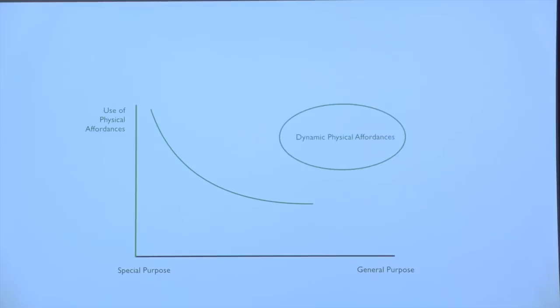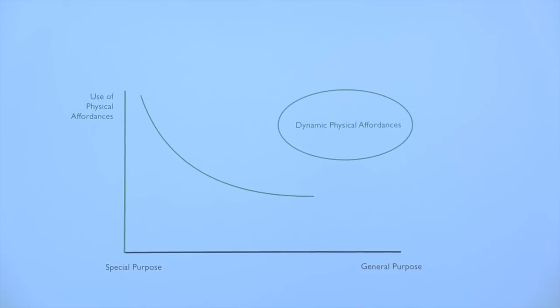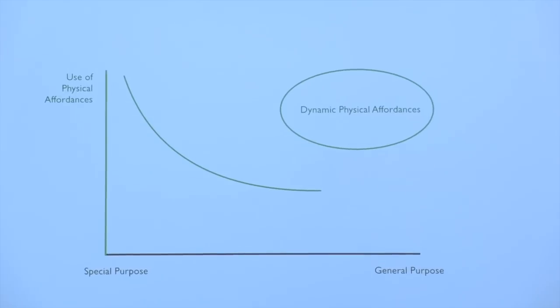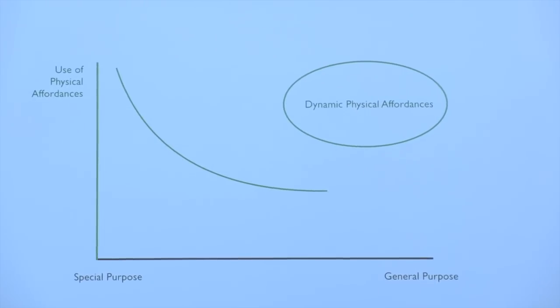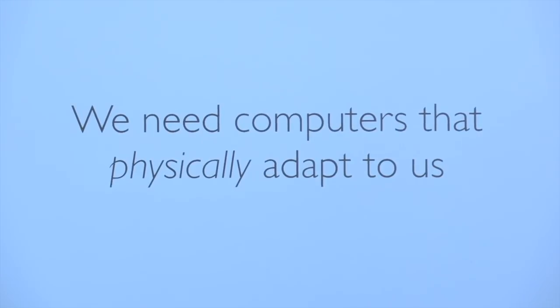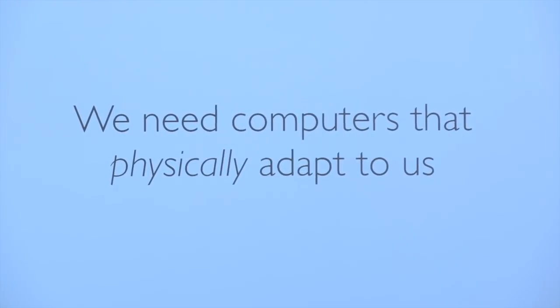And so the work I've been working on both at the MIT Media Lab and now in the Shape Lab here is really trying to think about, could there be another alternative where we could have dynamic physical affordances, where we could have general purpose devices, but still have really rich use of physical affordances. So my belief is that we need computers that can adapt to us physically. So not only can they adapt the applications that you want to run, they can also adapt their physical form.